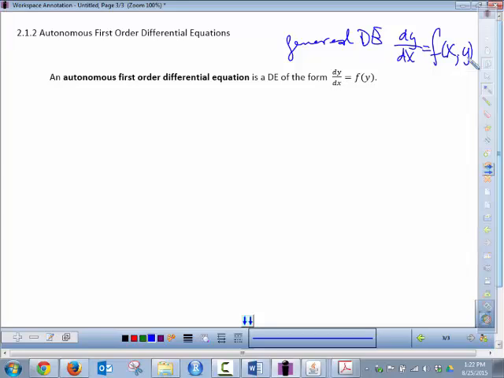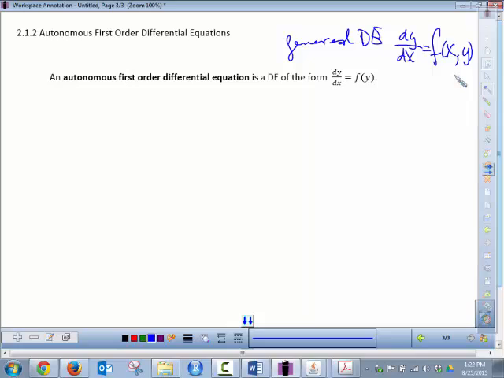By the way, you guys know what that means? It's a combination of x's and y's together on the right-hand side with math stuff on it. Like addition, subtraction, division, logarithms and cosines and sines and whatever else you can mathematically do to x's and y's put together on the right-hand side. That's a general differential equation.